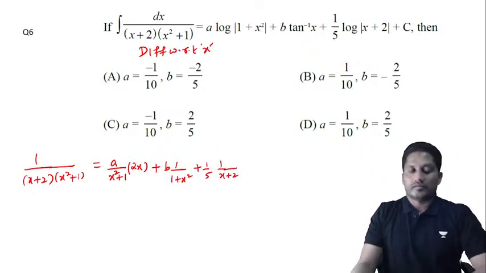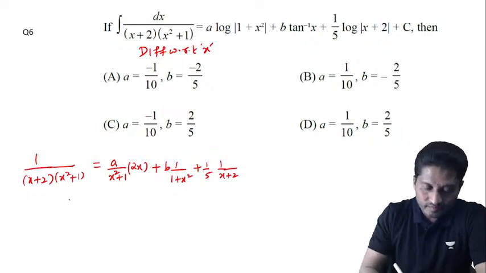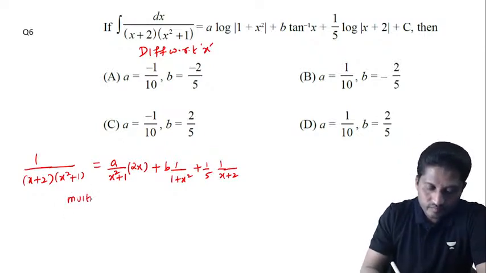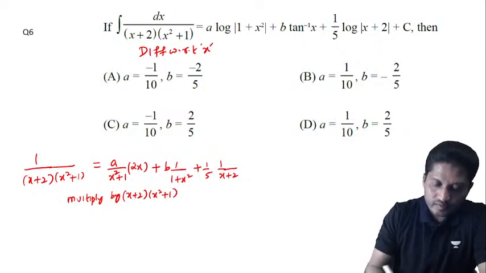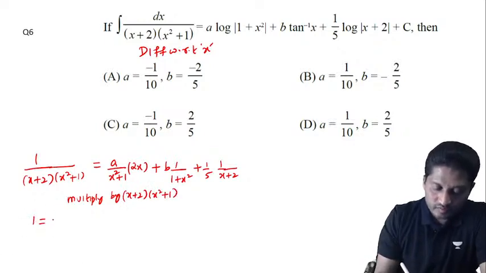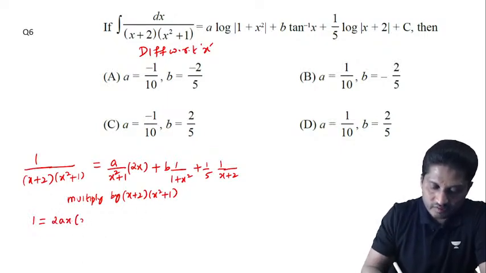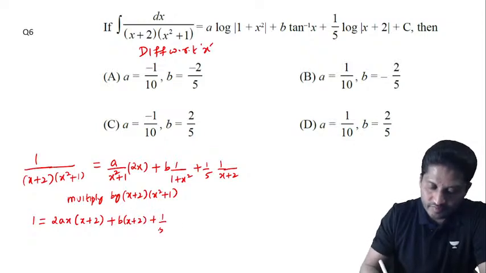Okay, now if I multiply by x plus 2 into x square plus 1, you get 1 is equal to 2ax, that x square plus 1 will get cancelled, you get x plus 2, plus b into 1 plus x square will get cancelled, you get x plus 2, plus 1 upon 5, and then you get x square plus 1.